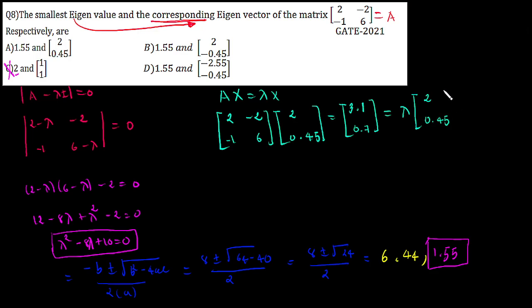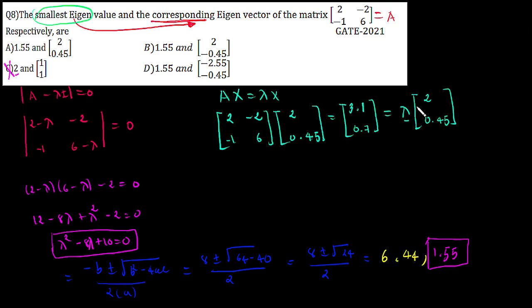But here the scalar is fixed, which is 1.55, because in the question it is given that the eigenvector corresponds to the minimum eigenvalue. The minimum eigenvalue is 1.55, so this scalar must be 1.55.